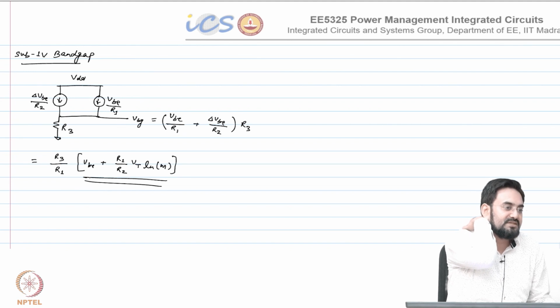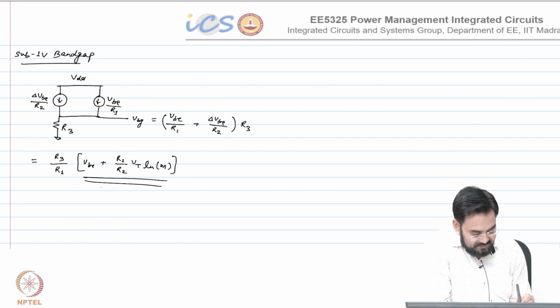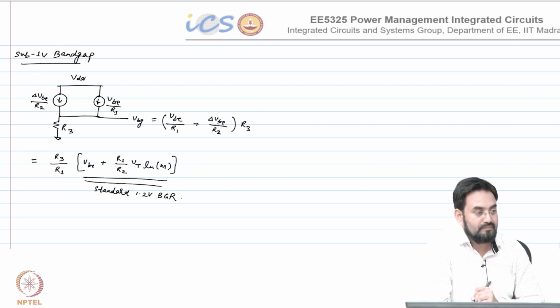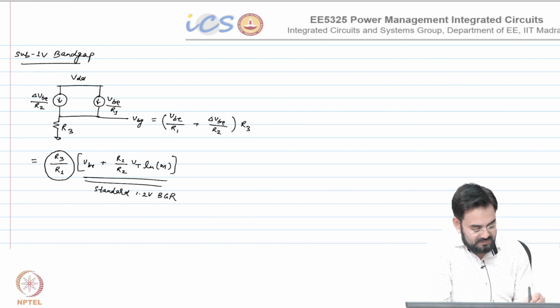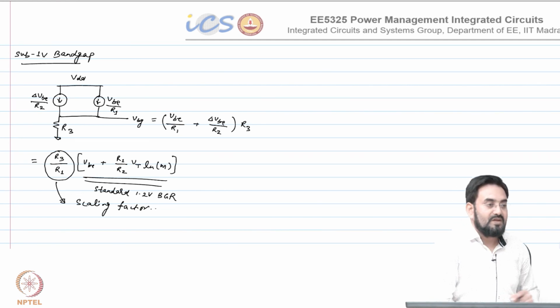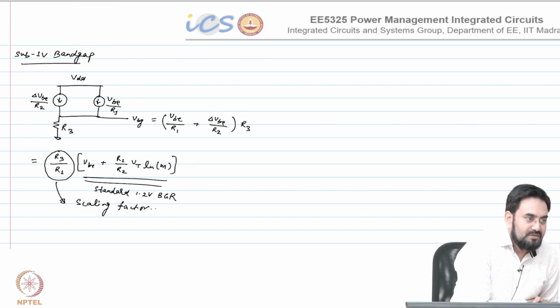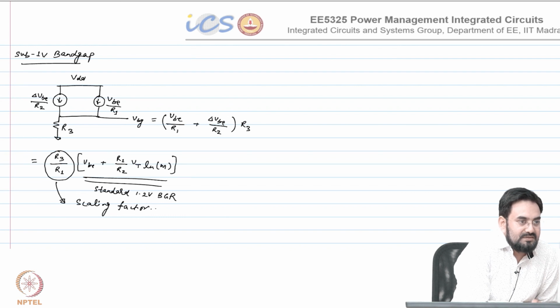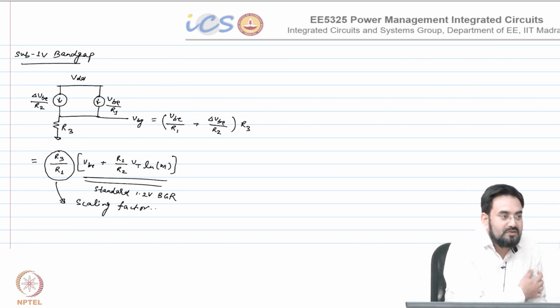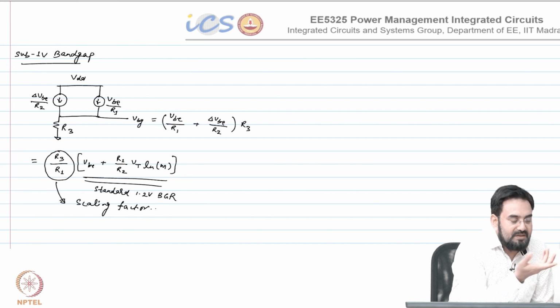Same as your standard band gap. Which means first you choose the ratio of R1 R2 to cancel the temperature coefficient, and then choose R3 over R1 ratio depending upon what value you require.